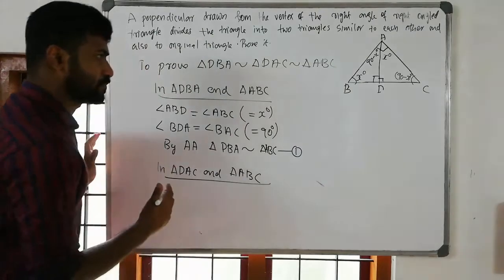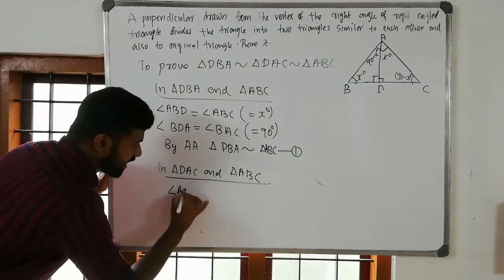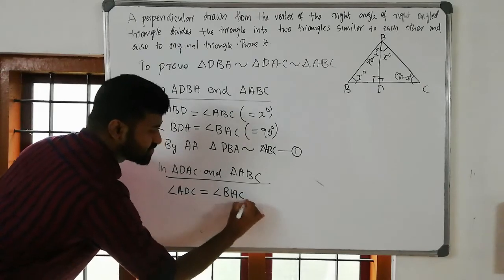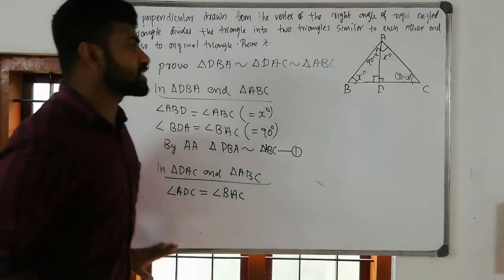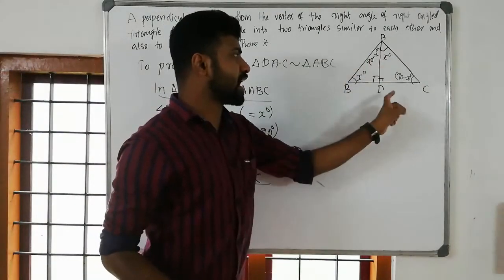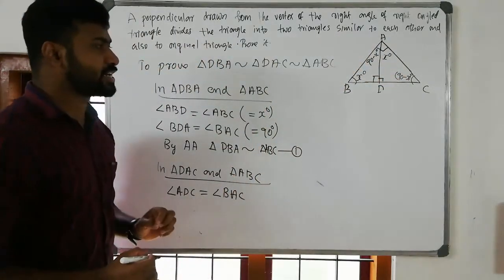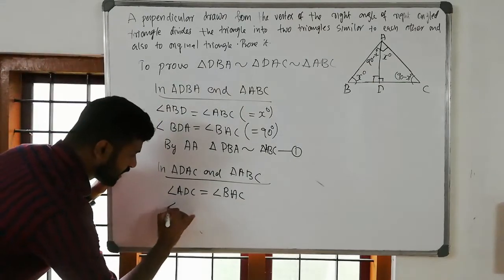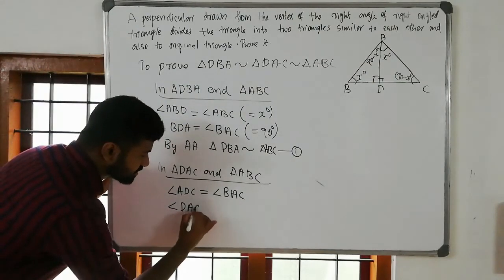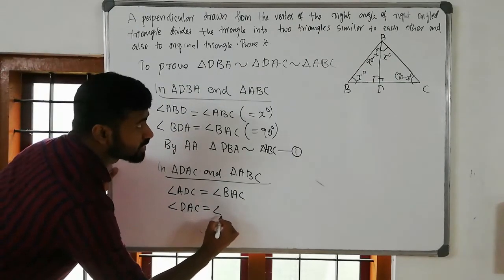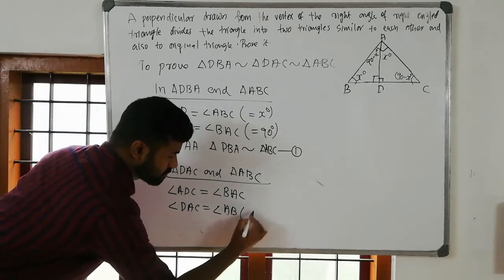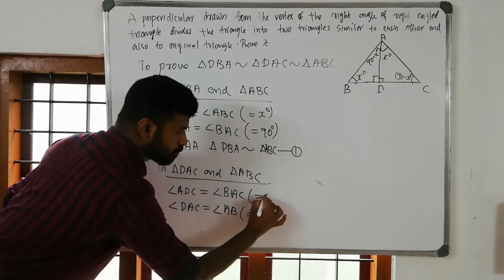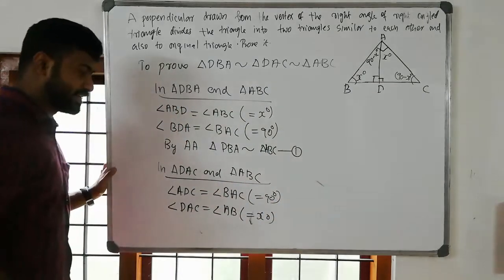So we can write angle ADC is equal to angle BAC. Next, in triangle DAC, angle DAC is x degree. In triangle ABC, angle ABC is x degree. So we can write angle DAC is equal to angle ABC. The reason: both the angles are equal to x degree. In the first one, both the angles are equal to 90 degree.